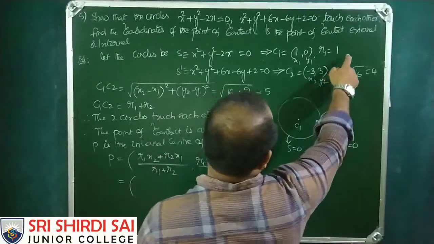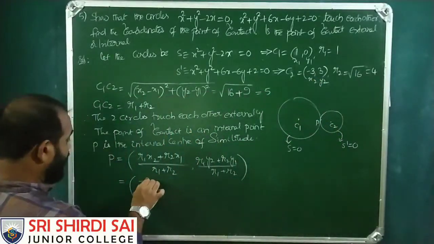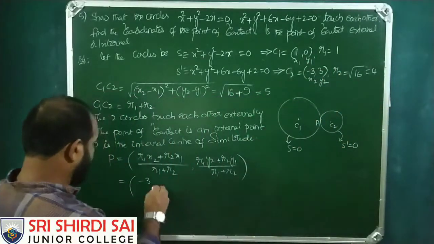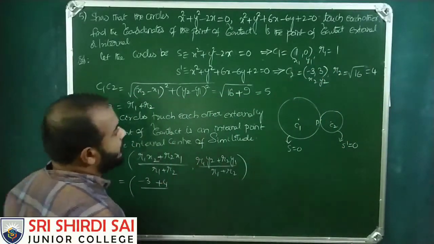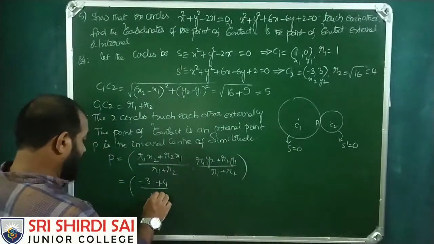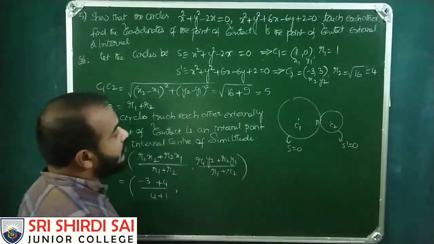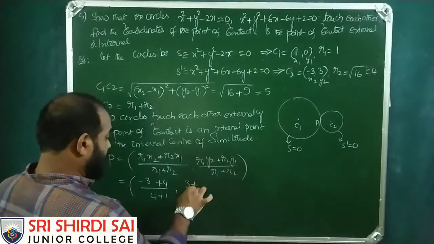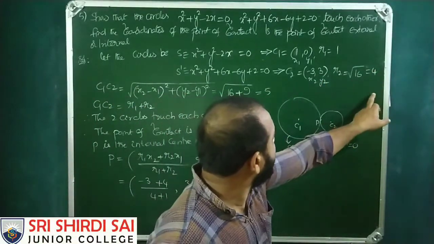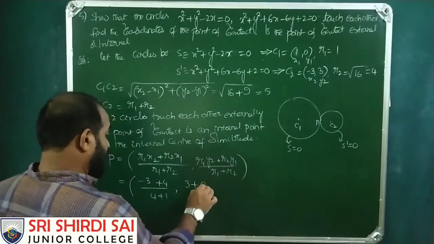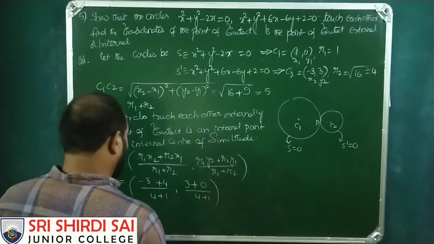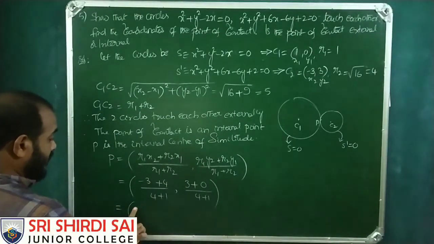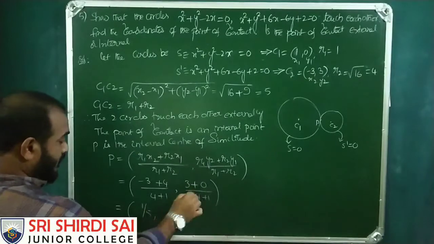R1 x2: 1 into minus 3, plus R2 x1: 4 into 1, by R1 plus R2: 4 plus 1, comma, R1 y2: 1 into 3, plus R2 y1: 4 into 0, by R1 plus R2. So the answer we get is minus 1 by 5, comma, 3 by 5.